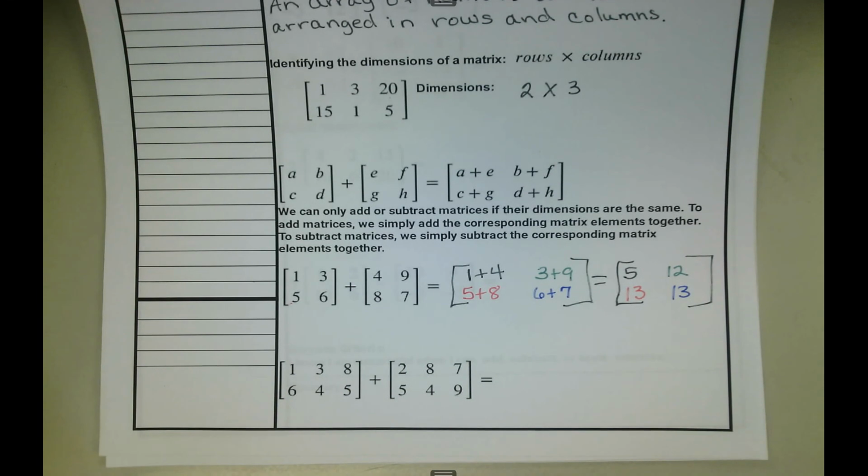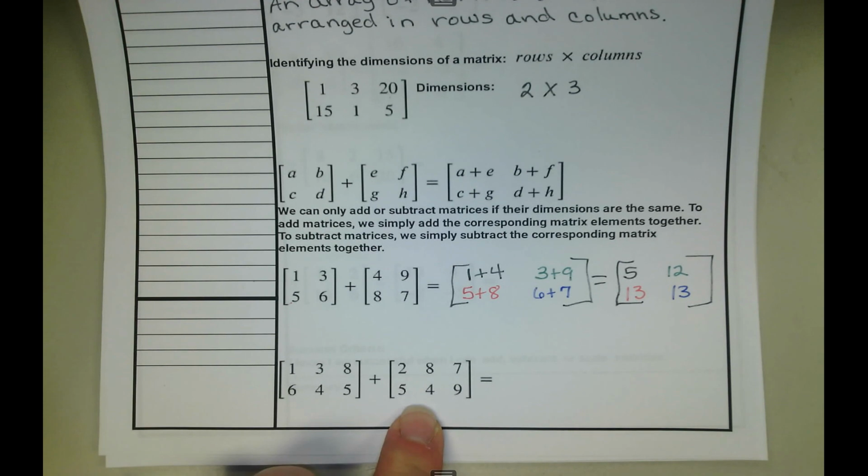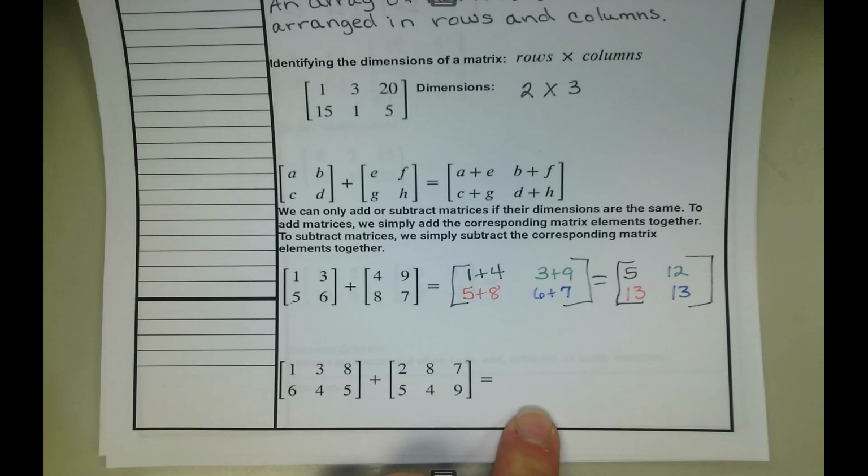The same thing will happen when you are subtracting. Okay, we're adding a 2 by 3 and a 2 by 3. We know that we'll end up with a 2 by 3 matrix.